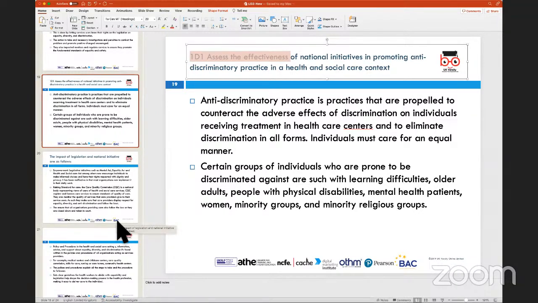Training and development of the staff is an important step, and it plays a very crucial role in ensuring that equality, diversity, and person-centered care is practiced within a care organization.